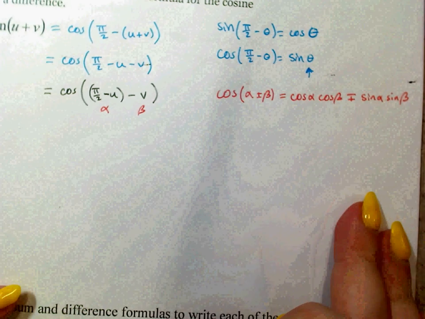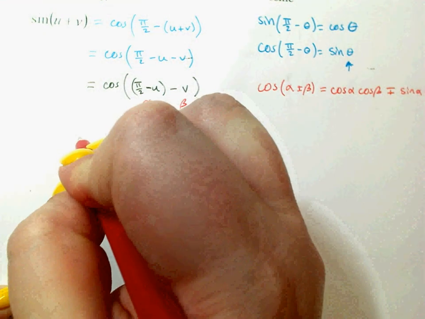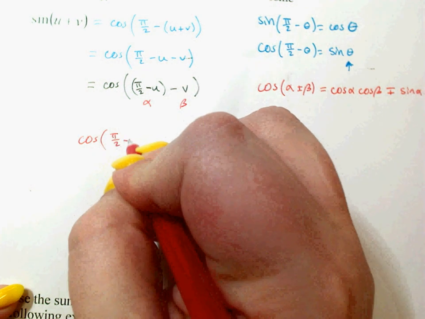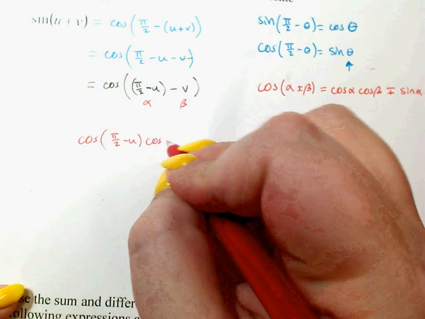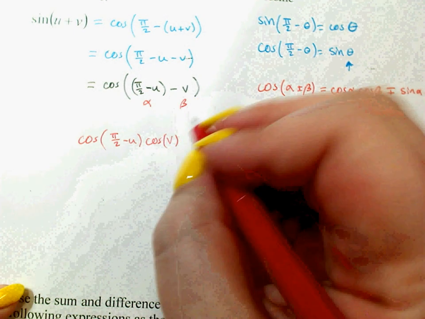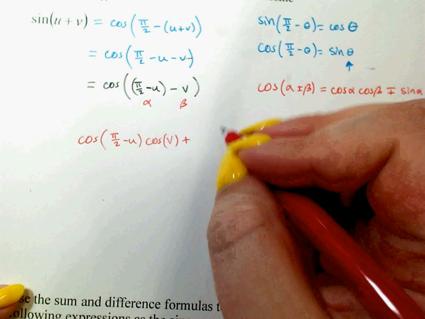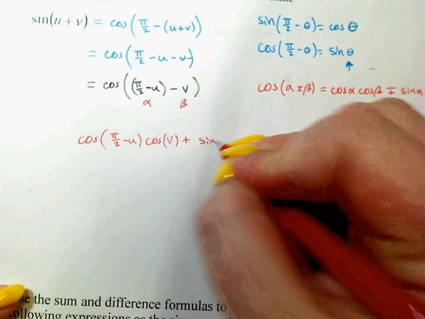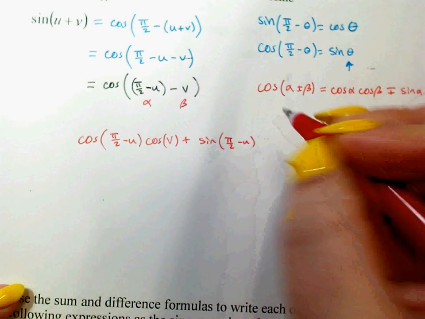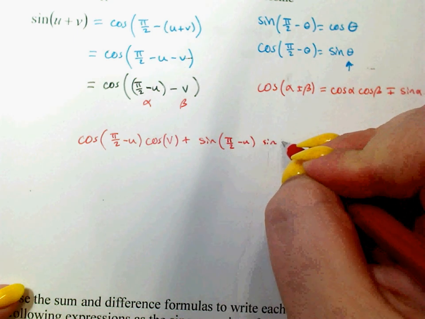Let's fill it out. I've got cosine of alpha, which is pi over 2 minus u, times cosine of beta, which is v. This is a minus, so this is going to be plus sine of alpha, which is pi over 2 minus u, times sine of beta, which is v.